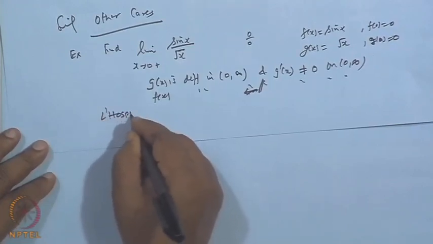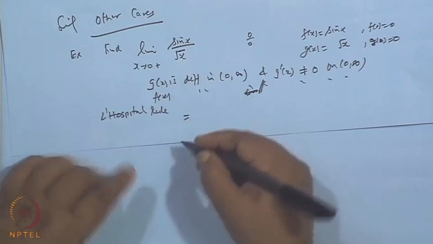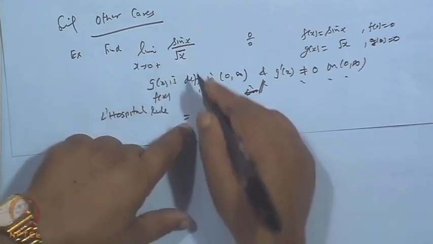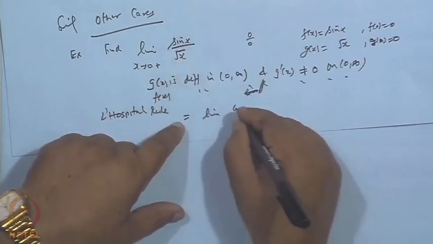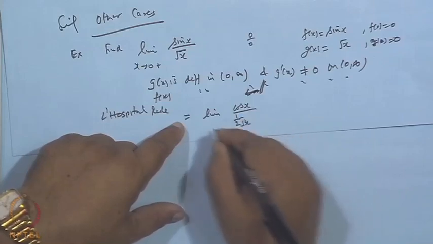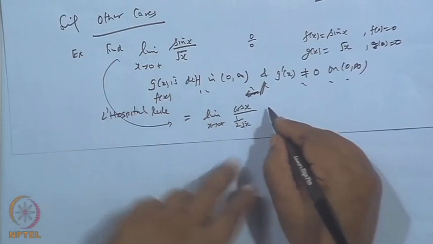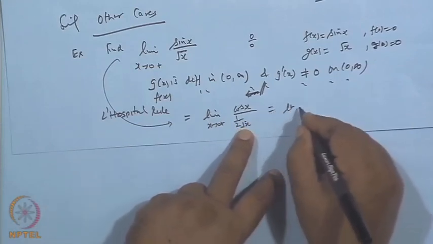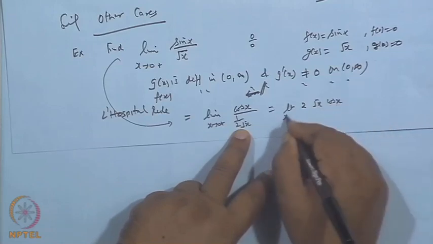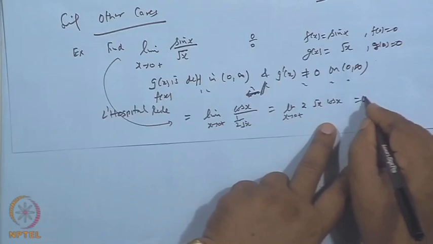L'Hospital's rule says that the limit of this will be the same as the limit of their derivatives. If we differentiate the numerator and denominator separately, this limit will be the same as the limit of root x cosine x as x tends to 0 plus, and now this is dominated by x. So, the limit will come out to be 0.